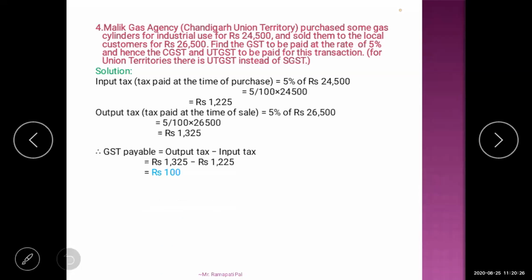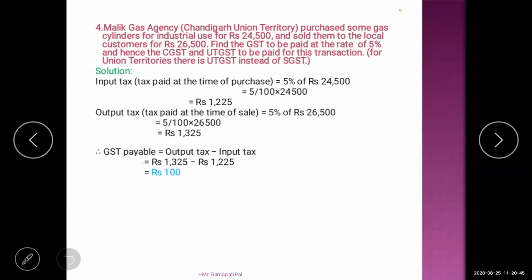So we know what GST is. Now we have to find out CGST and UTGST. We know that CGST is equal to half of GST.